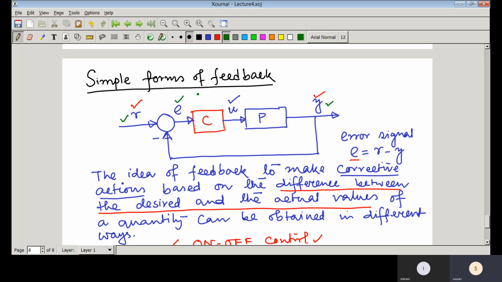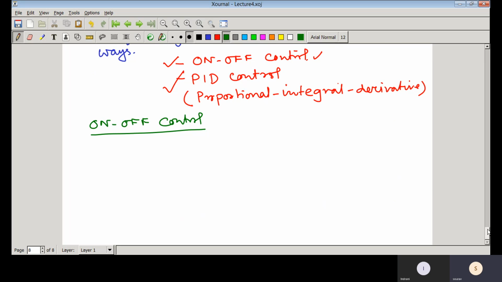Then an error signal is generated, which is the difference between R and Y. Let us first draw only the comparator part.